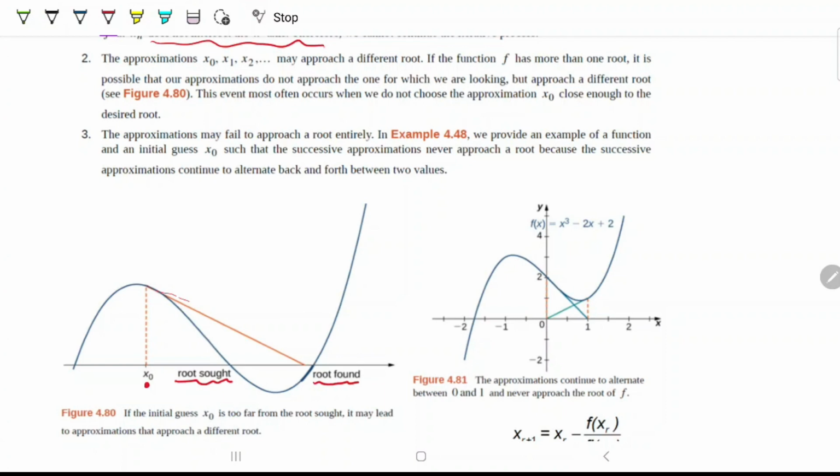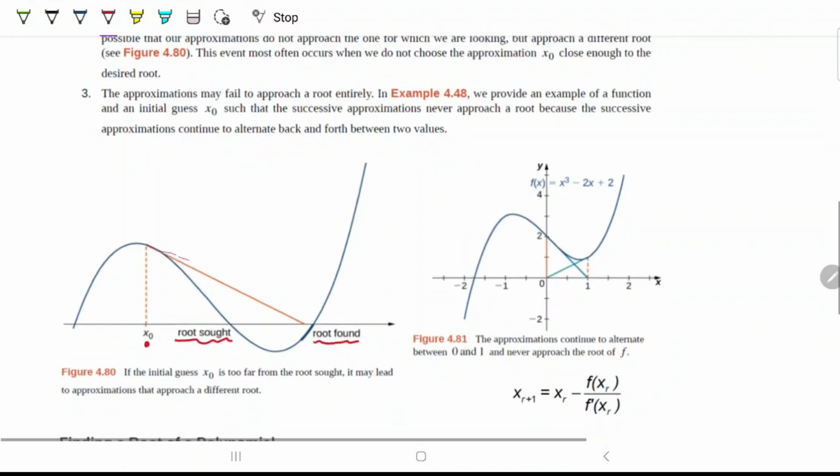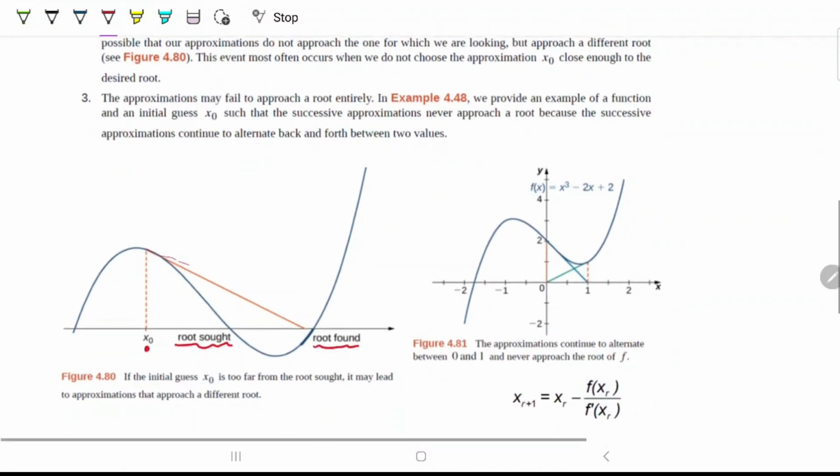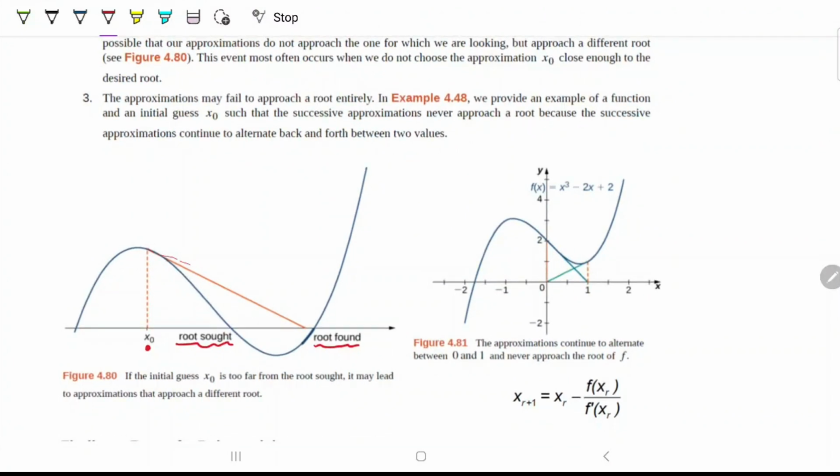Another failure is that the method fails to find the root entirely, and it leads to a situation like this particular diagram shows. Once you apply the iterative process, your solution keeps jumping from one tangent to another.